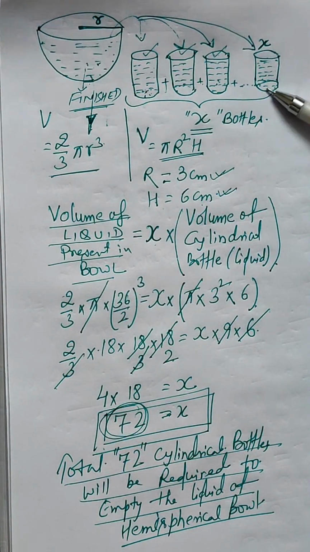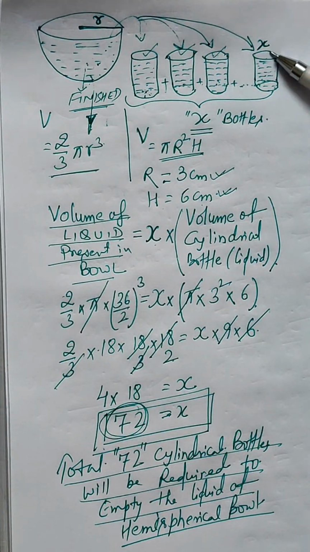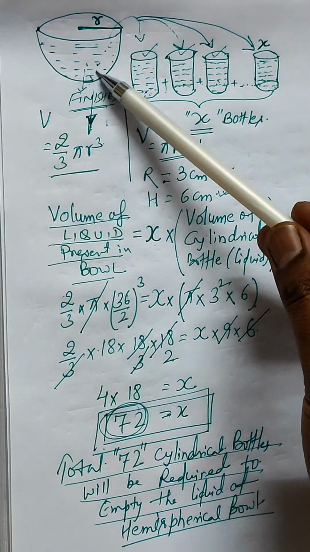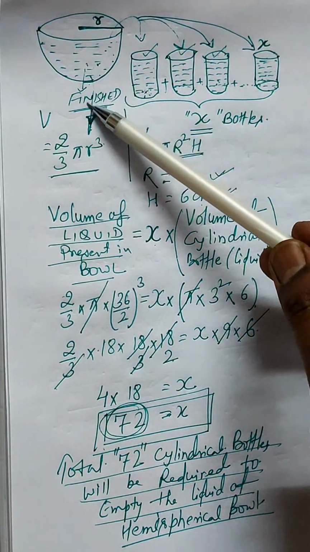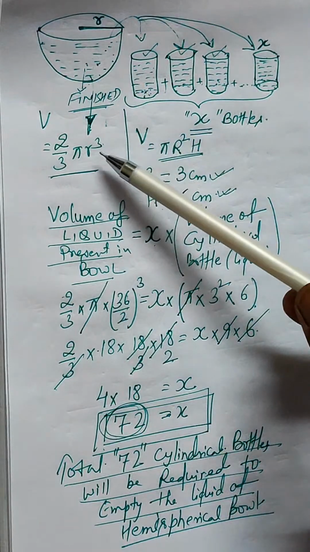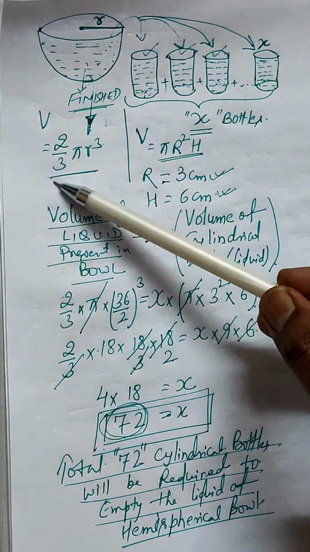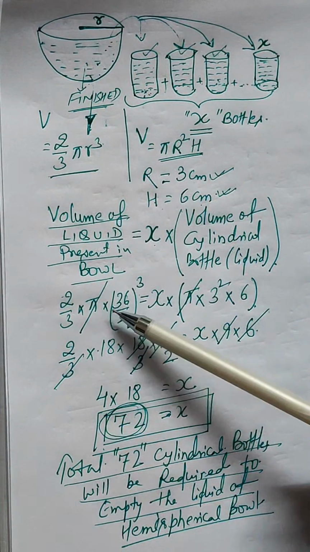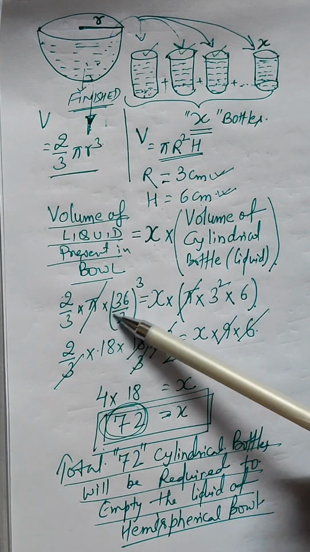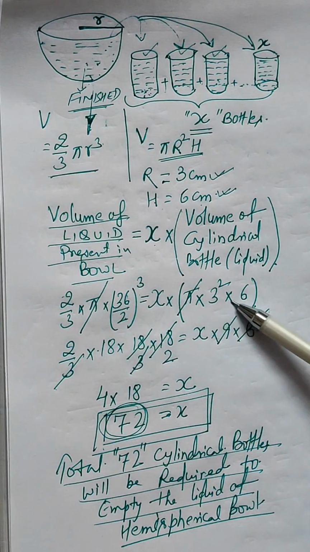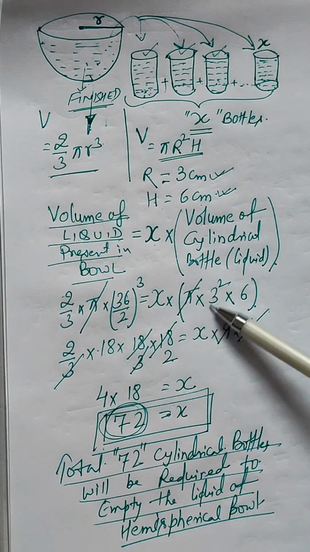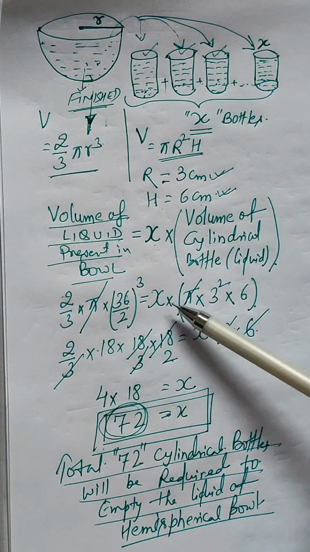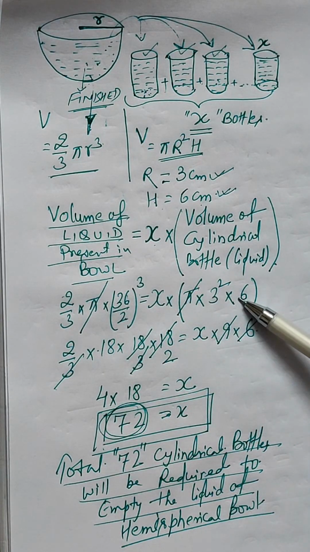And you know, when you fill up the last xth bottle, then all the liquid present in this hemispherical ball will be finished, right? So what we did, we just calculated the volume of the liquid present in the hemispherical ball and equated it with the volume of the cylindrical bottles. Since there are x bottles, the total volume will be added x times, so it will be x into pi into 3 square h, right?